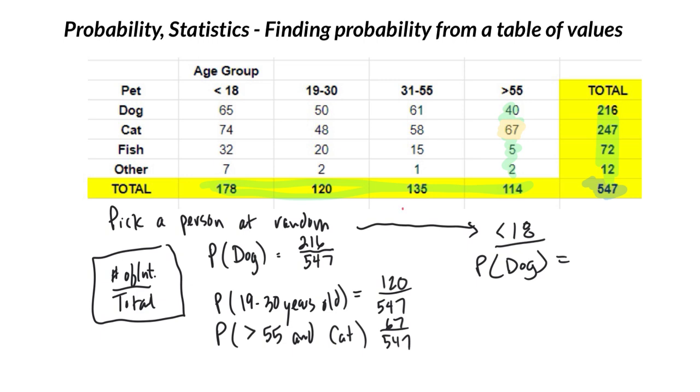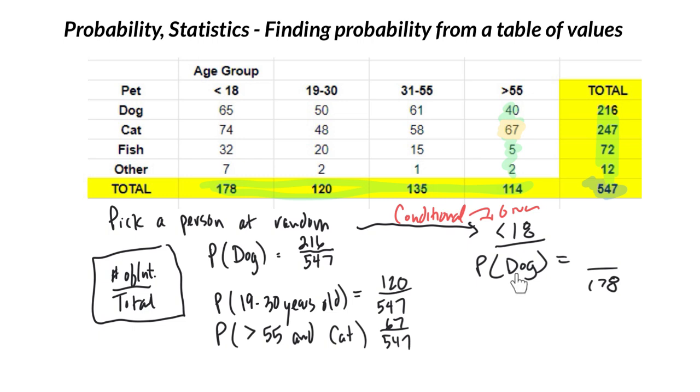This is called a conditional, and we're given that they were under 18. What that does is it changes our denominator, because now we're not talking about all 547 people anymore. We're saying, we know they're in this group. You're telling us it's here. So now the denominator is 178. It's only those people in that age group.